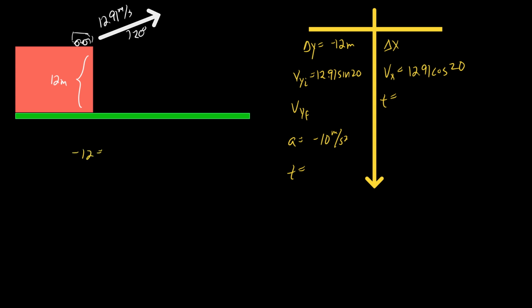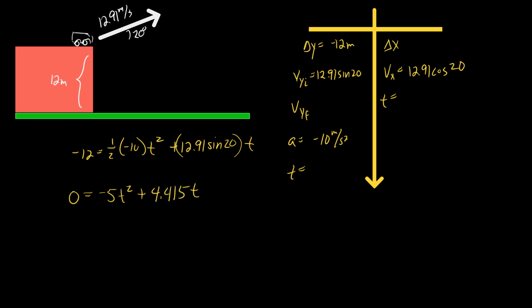Negative 12 equals 1/2 times negative 10 t squared plus 12.91 sine 20 times t. 0 equals negative 5 t squared plus 12.91 times sine 20, which equals 4.415, times t plus 12.